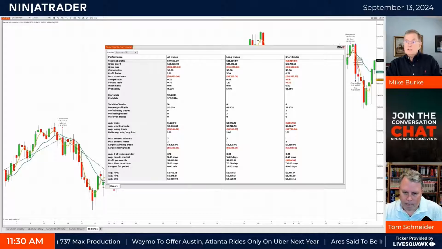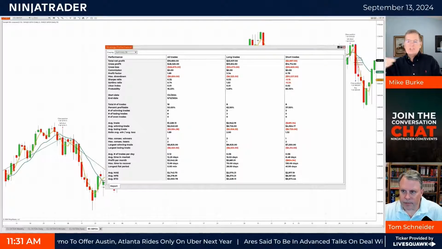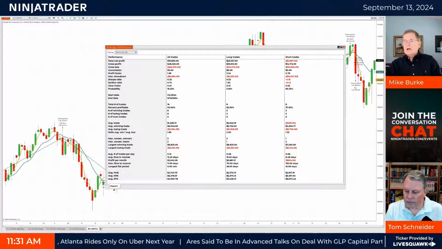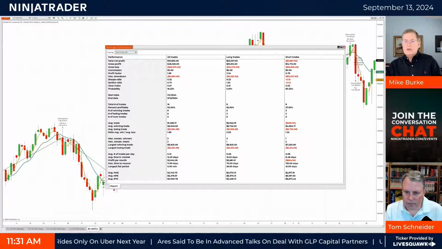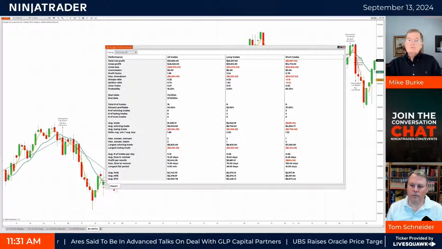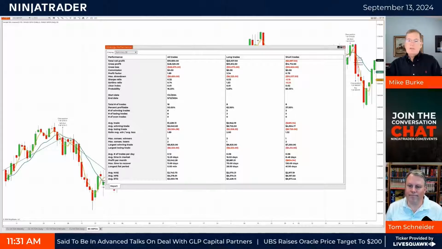So let's just take the long trades at 2570. If I had a stop loss in this strategy, let's say at 2600, just below that, that means there could be a trade or two that would have turned around and either lost less or even become profitable.